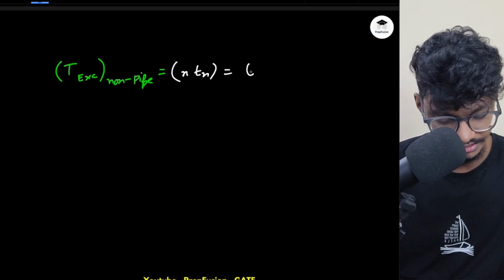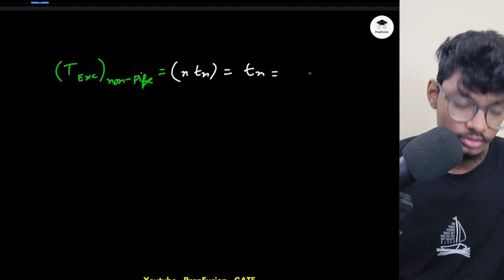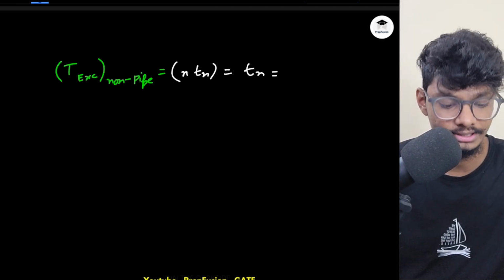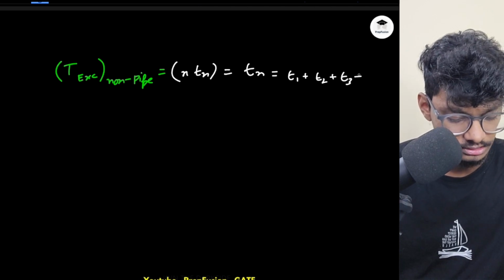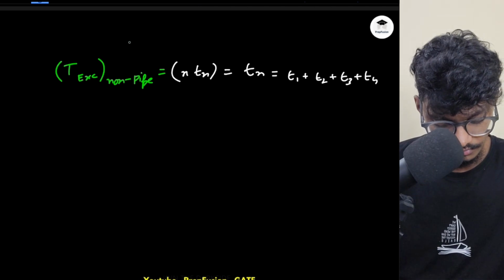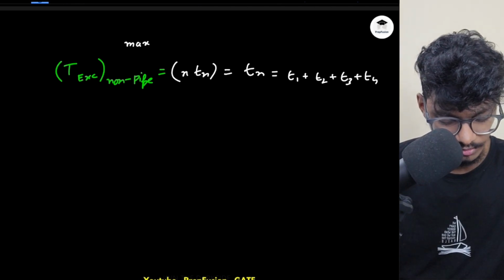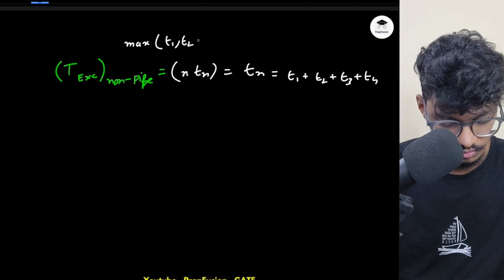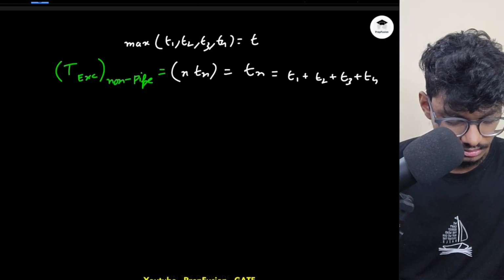And if it is a single instruction, it will be simply equal to Tn. And this is equal to the sum of all the segment delays. So let's say this is T1 plus T2 plus T3 plus T4. And let's assume that the maximum out of T1, T2, T3, T4 is T2.